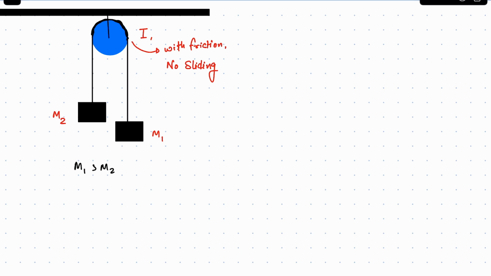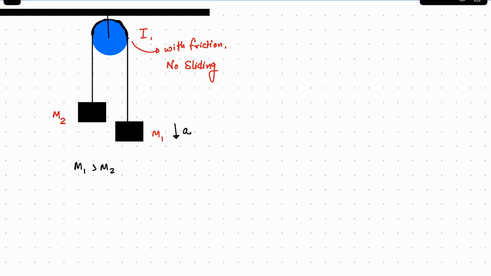So let's dive in. First, let us draw the FBD of each body, and from there we will write down some equations. We know this object is going to go down with acceleration a because it has a higher mass, so generally higher mass will go down, and this is a lower mass, so that's why it will accelerate upward.